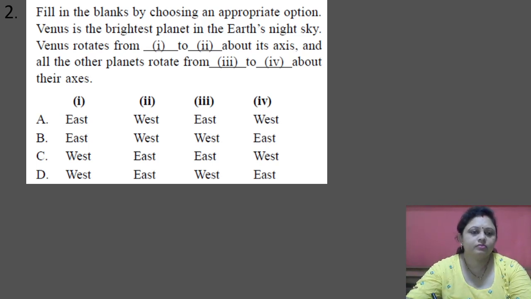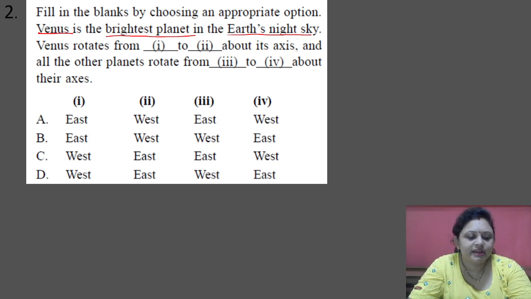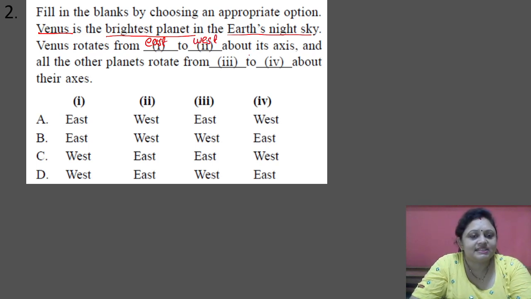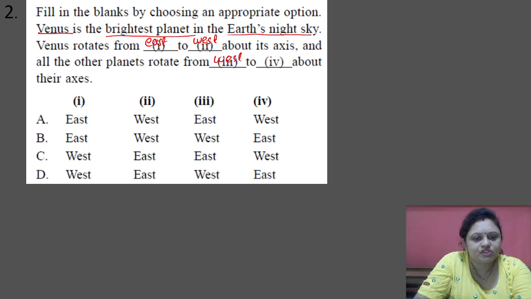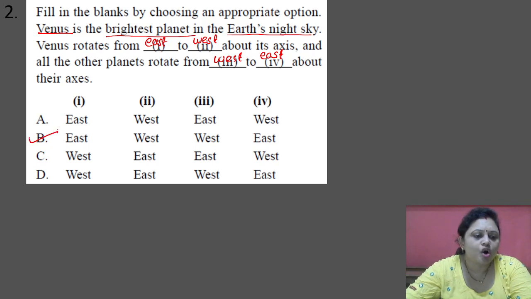Venus rotates from east to west about its axis, and all other planets rotate in the opposite direction, west to east, about their axis. The correct answer is option B.